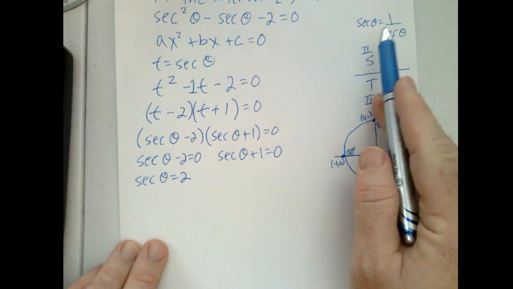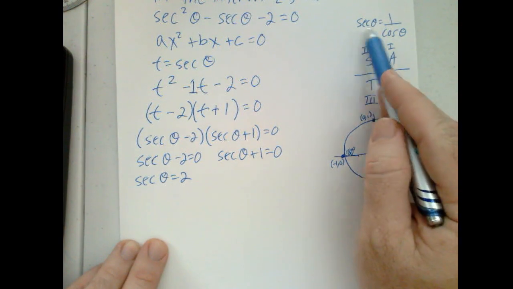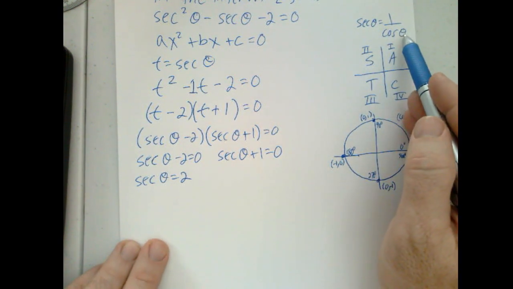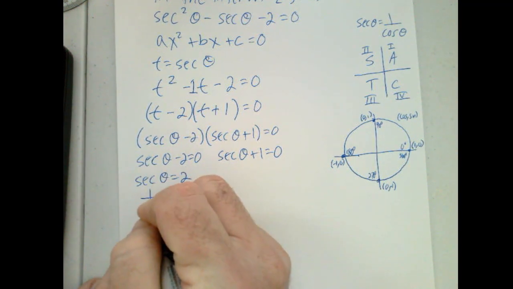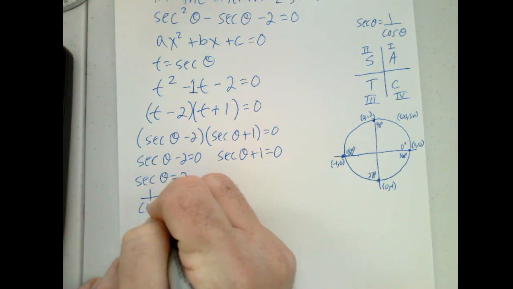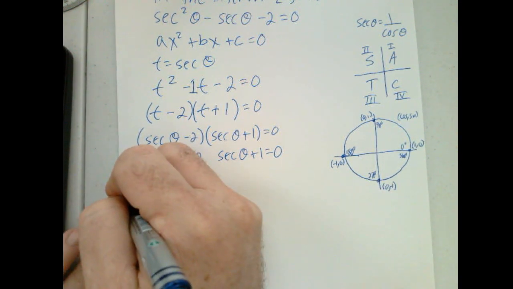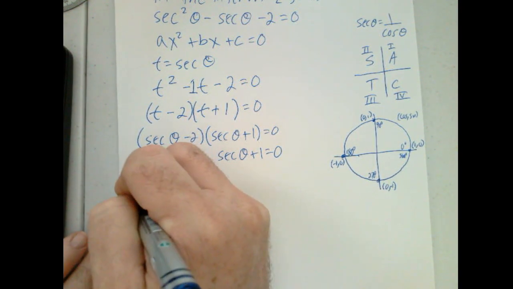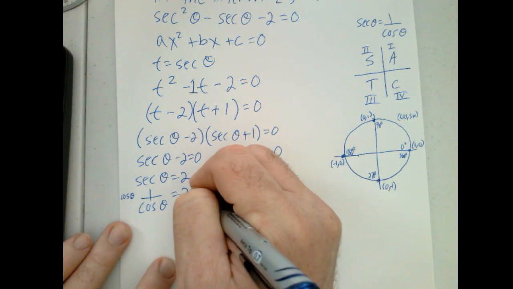So if you remember, these are the things you need to have memorized over here on the right. Secant theta equals 1 over cosine theta. So we're going to substitute 1 over cosine theta in for secant theta. Then we're going to multiply both sides by cosine theta.